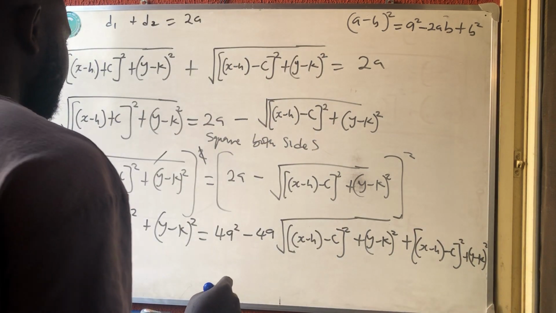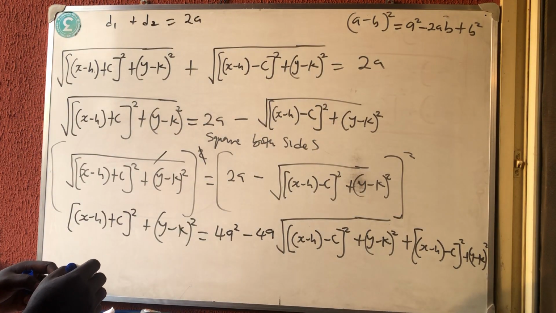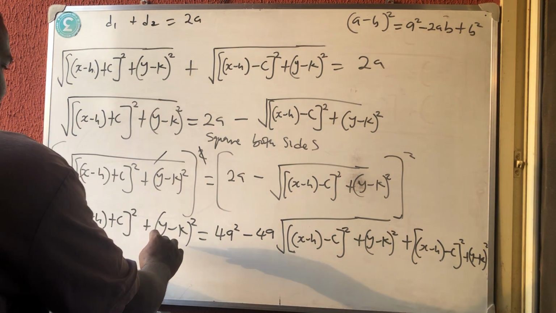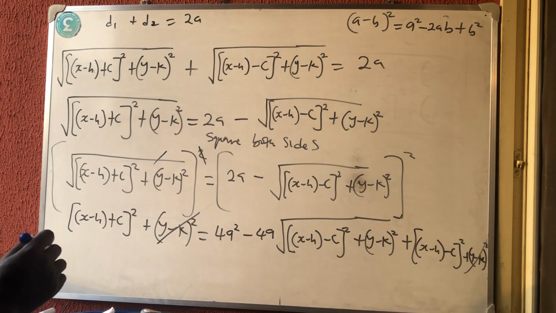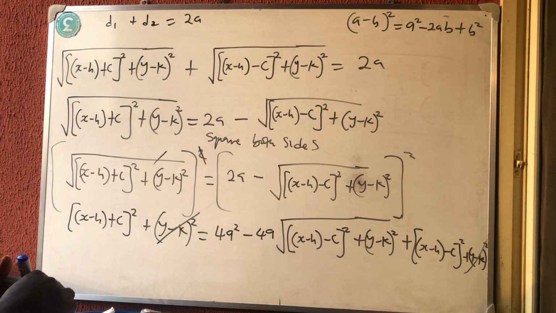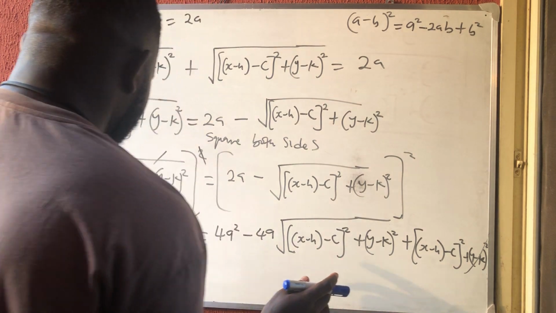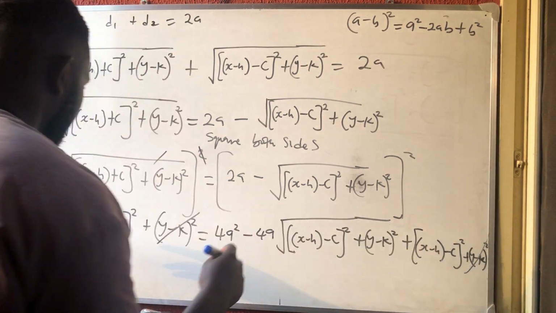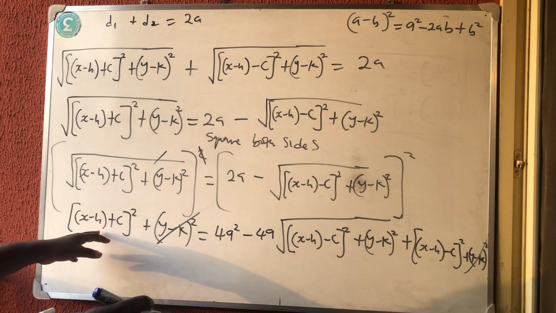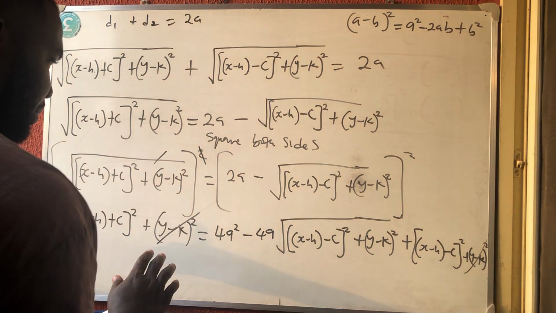Okay, so since I have this, if you look at this very well, you see that this one will take care of this one. Yeah, so I'm left with these two, and these two are the same. If you look at these two things, are they the same? Okay, no.